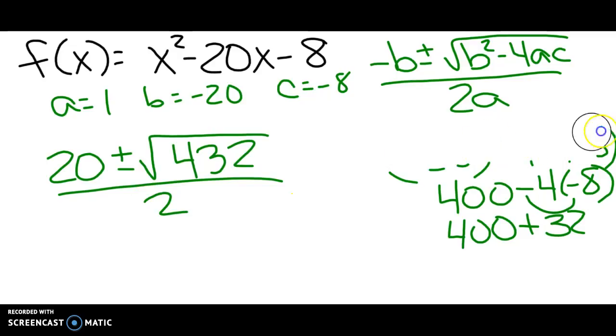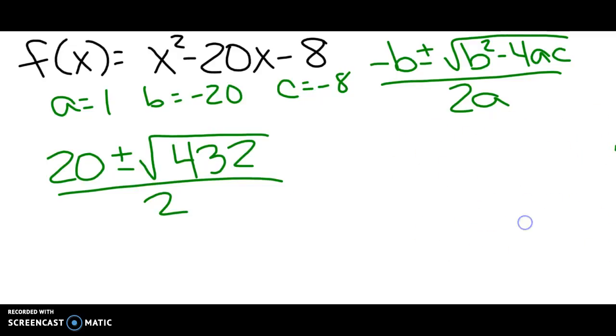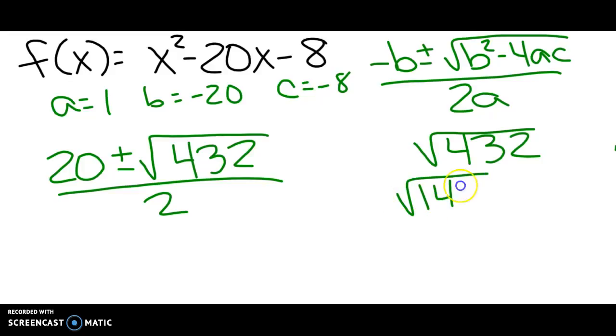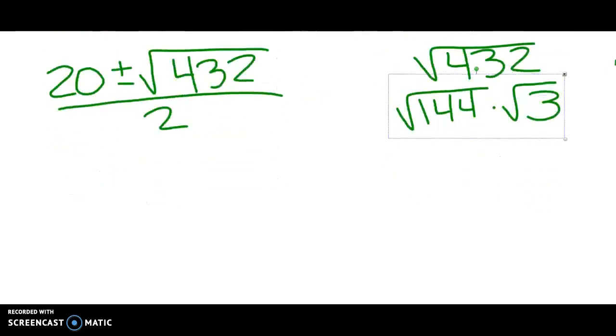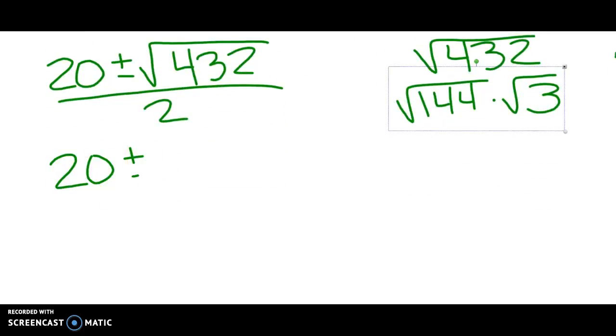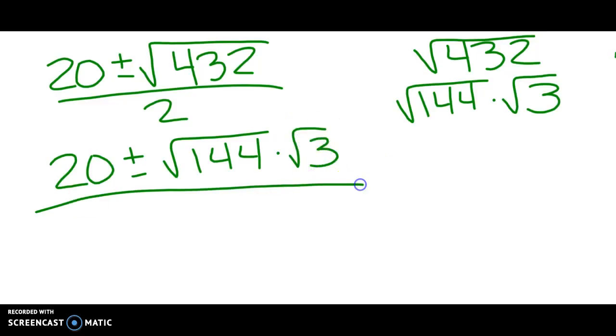Now we're going to simplify the square root of 432. What goes into 432? I don't even know. Let me pause for a minute. Okay, 144 goes in, so we're going to do the square root of 144 times the square root of 3. Now let's go down here and rewrite this. 20 plus or minus square root of 144 times the square root of 3, all over 2.